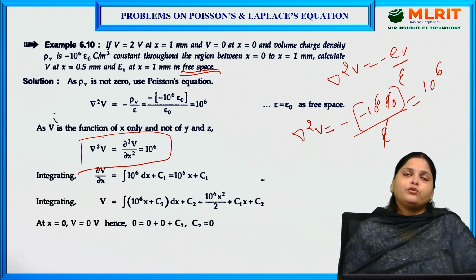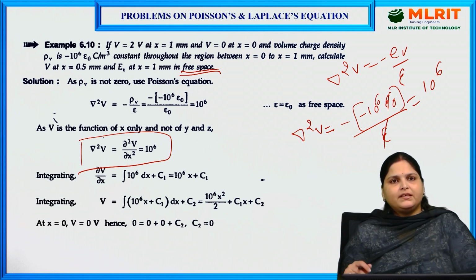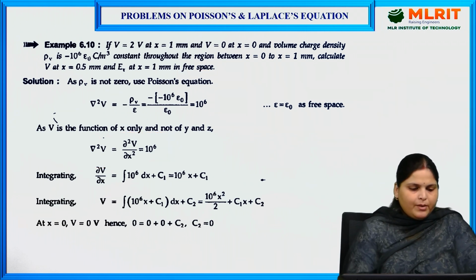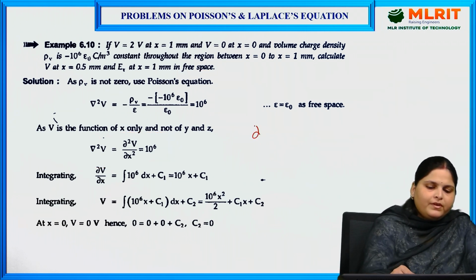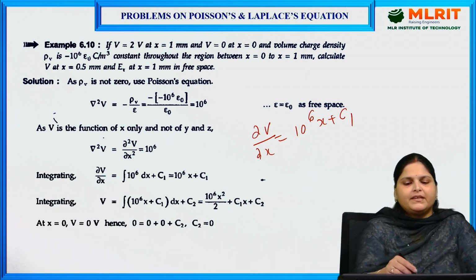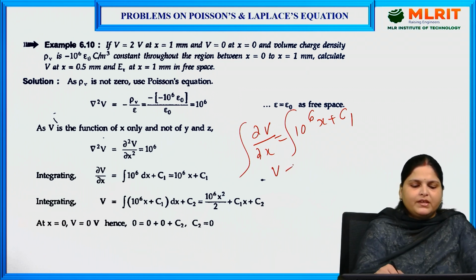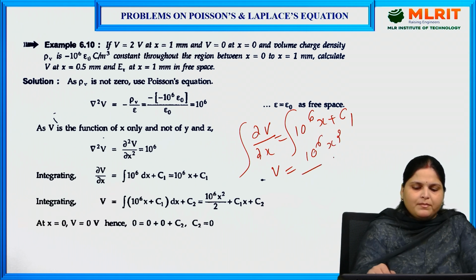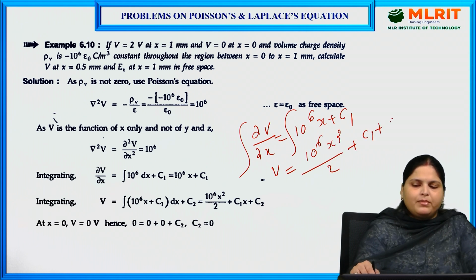Now because we want to find out V, we have to integrate it 2 times. Upon integration, first integration we get dV by dx as 10 to the power 6 x plus c1. When we integrate it again, we get V is equals to 10 to the power 6 x square by 2 plus c1 x plus c2.